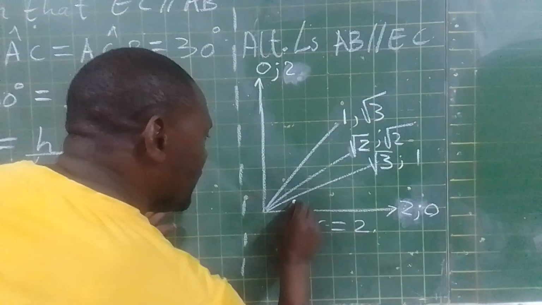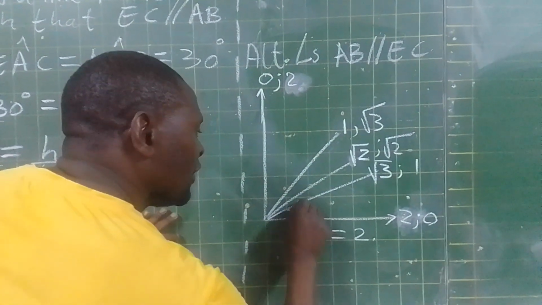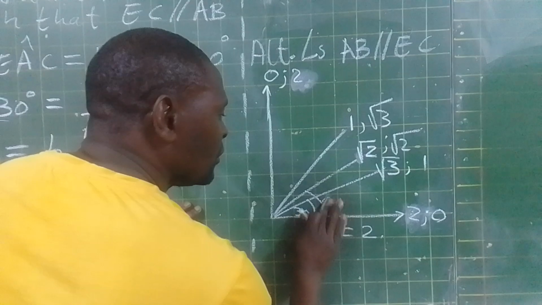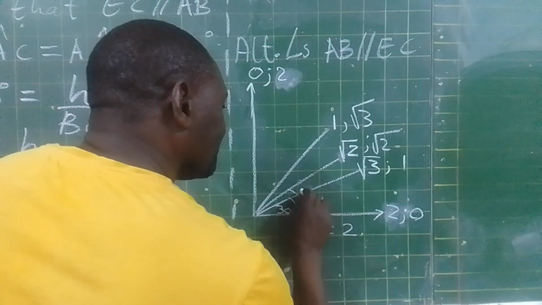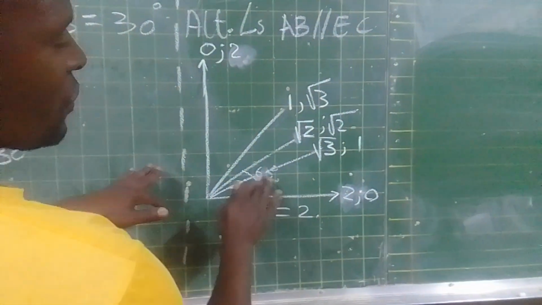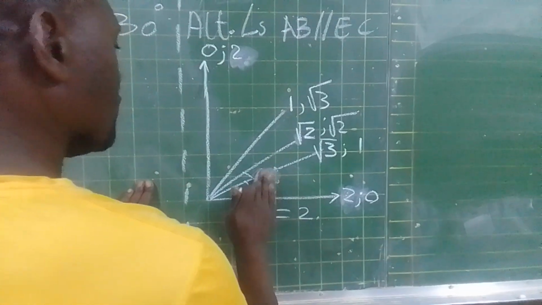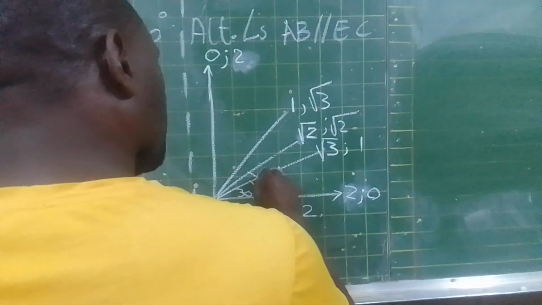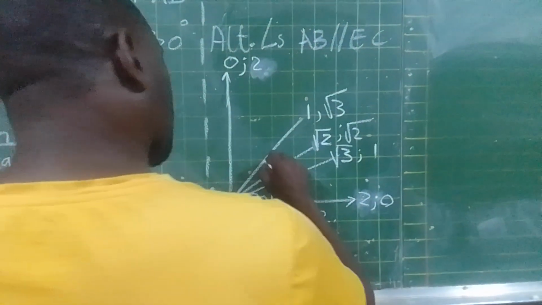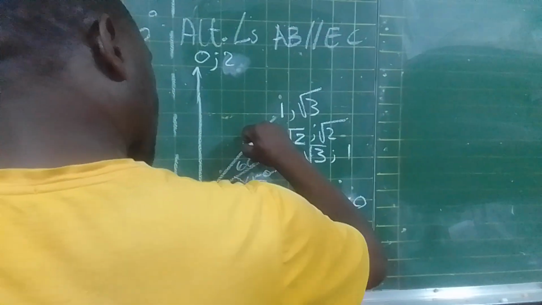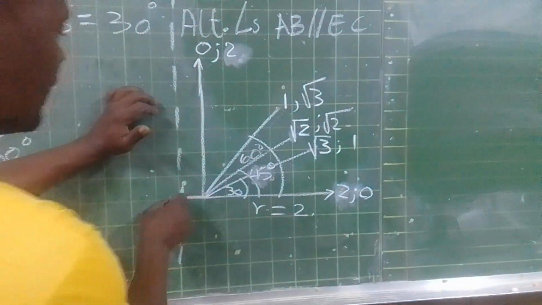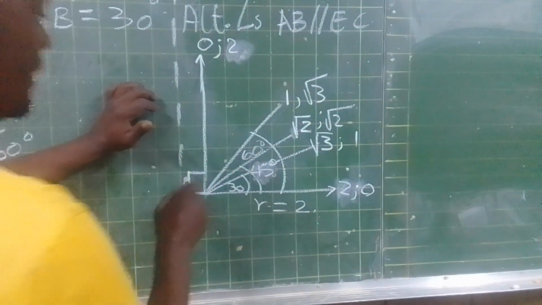Now you start by saying 30 degrees, followed by 60 degrees, followed by 45 degrees. After 30 is 45 degrees. From there you go to 60 degrees, your 60 degrees will be here. Then from here to here you go to 90 degrees, here is 90.